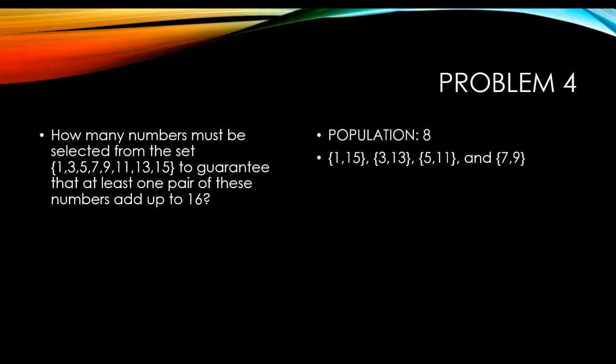We have 4 pairs: 1 and 15, 3 and 13, 5 and 11, and 7 and 9. Since we have 4 pairs, we have 4 containers, and in one container we need 2 items.